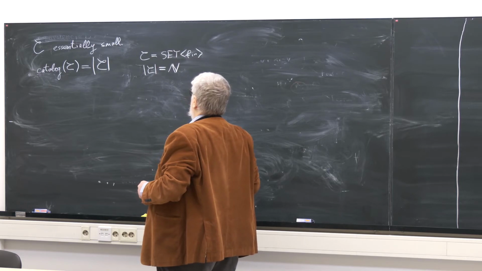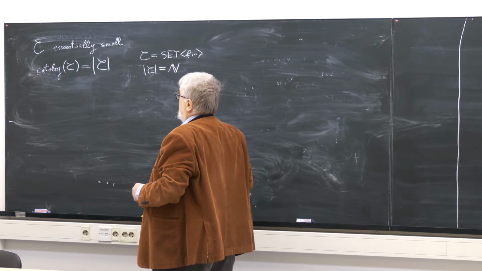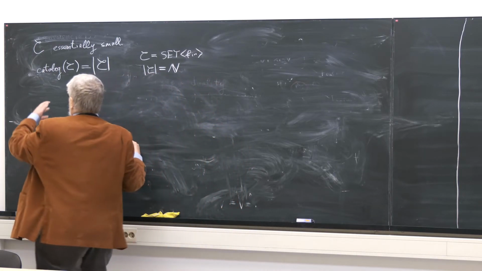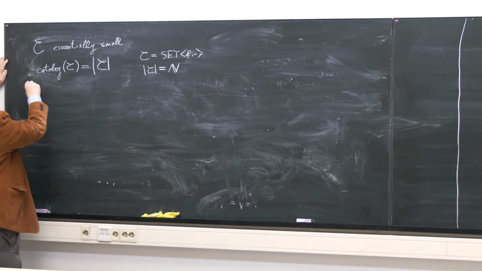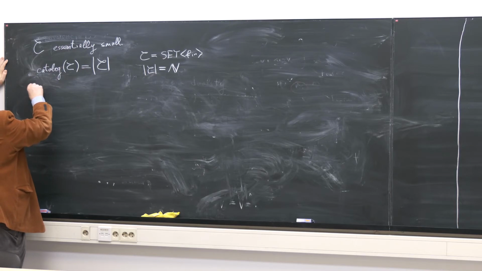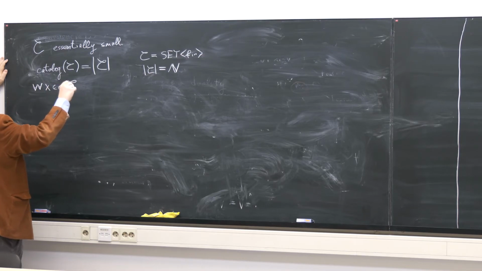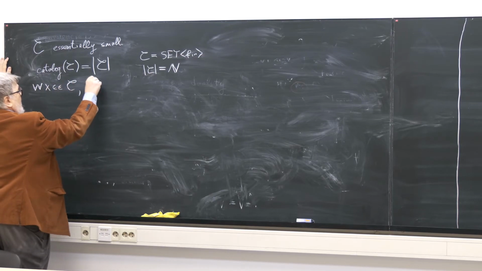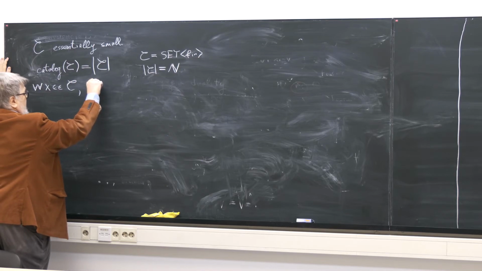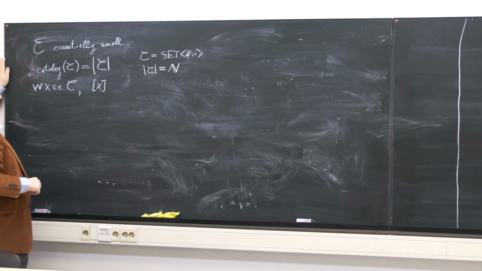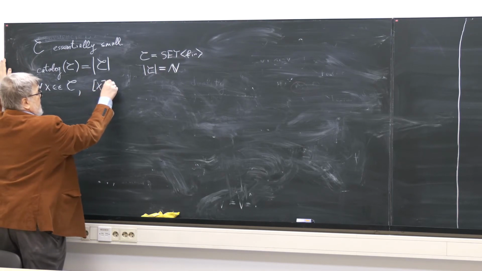Well, and we have introduced another notation. So for an object X of the category C, we use square brackets to denote its isomorphism class.